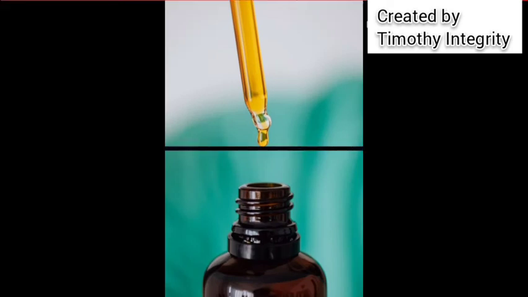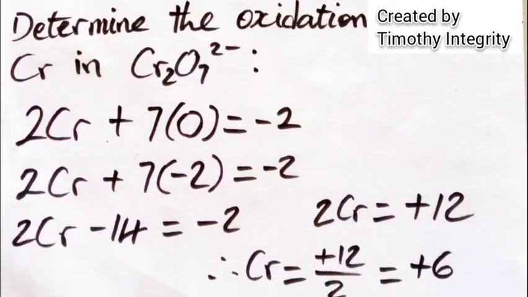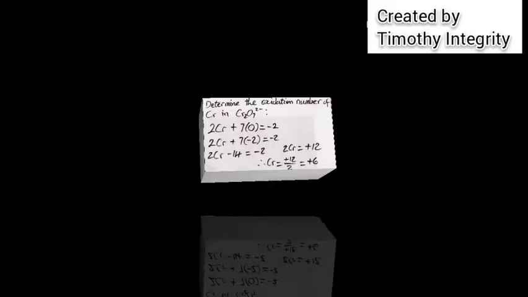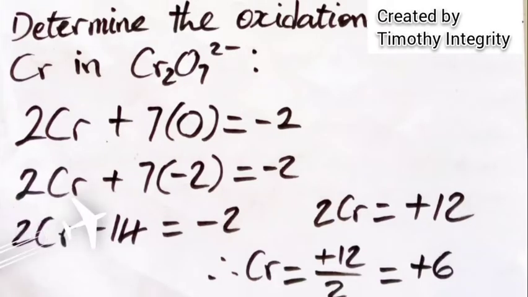Now, the second example here is you want to determine the oxidation number of chromium in dichromate ion. You see the statement of the problem, and you see that chromium has to be 2 here because you have Cr2. Oxygen is 7, and you collect like terms and make Cr the subject of formula. You see that it is +6.